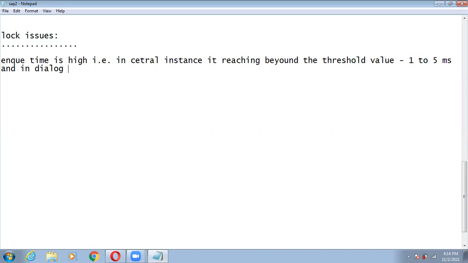And in the dialog instance, it is reaching beyond 100 milliseconds. In that case, what can we do?